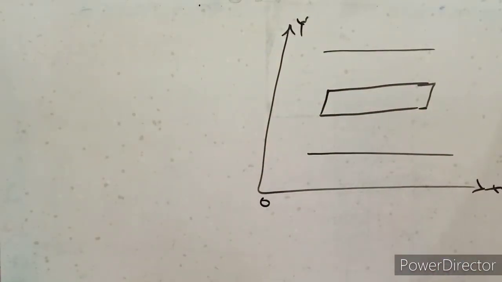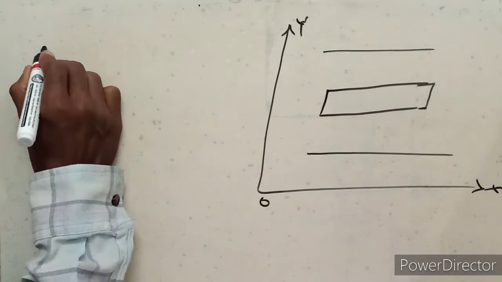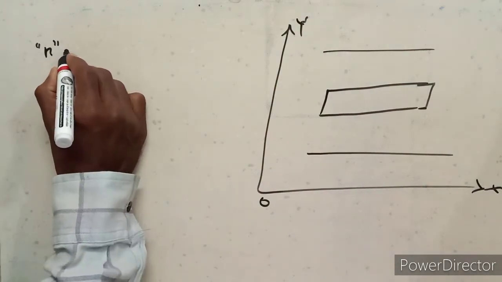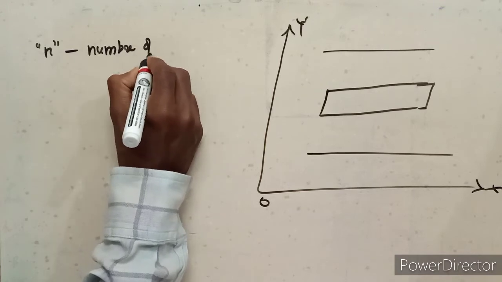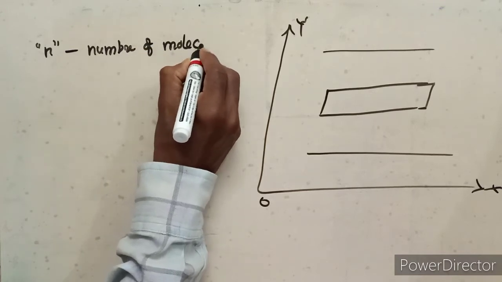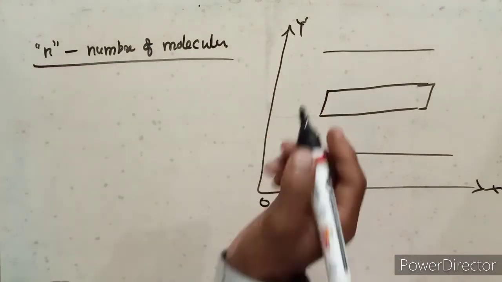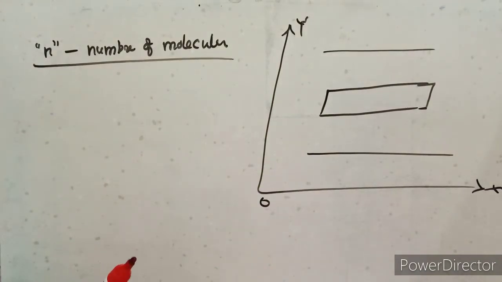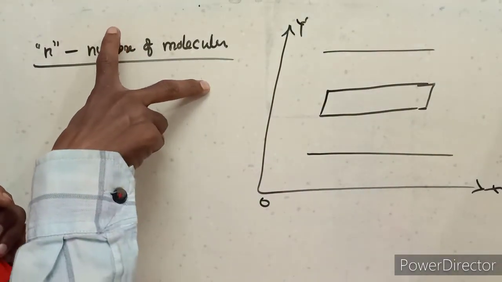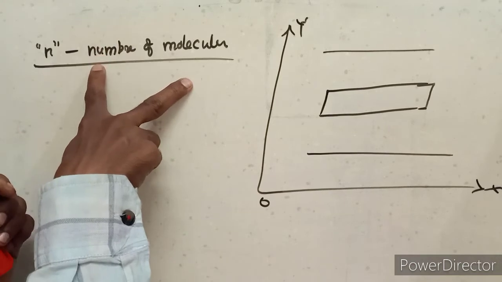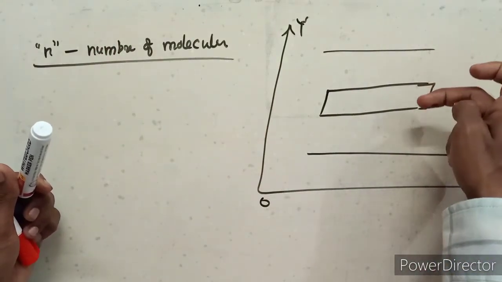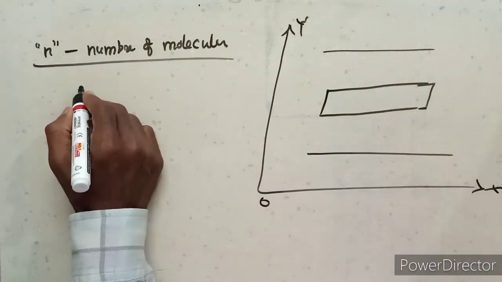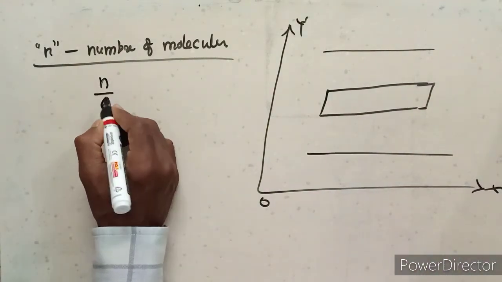If n is the number of molecules moving upwards and downwards, it is given by n upon 6.